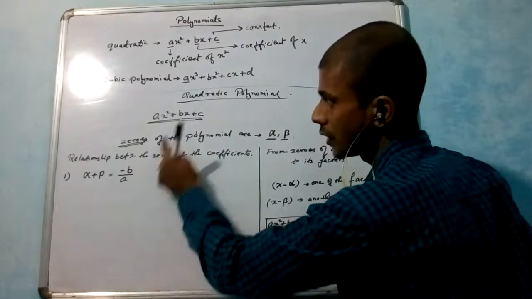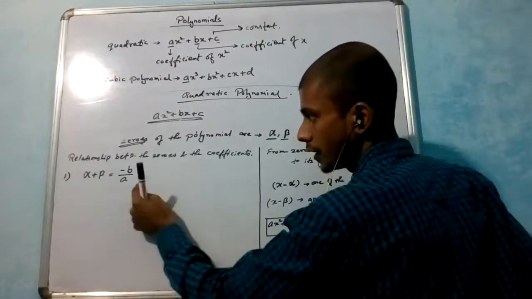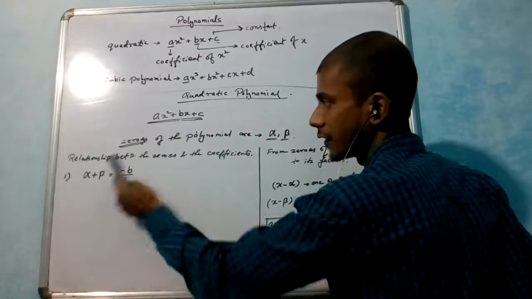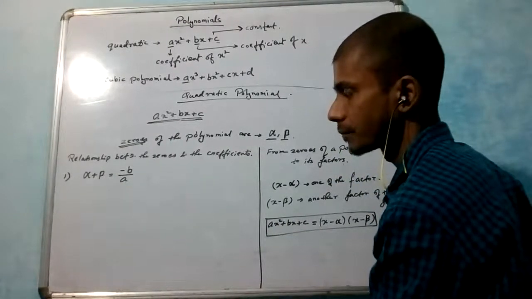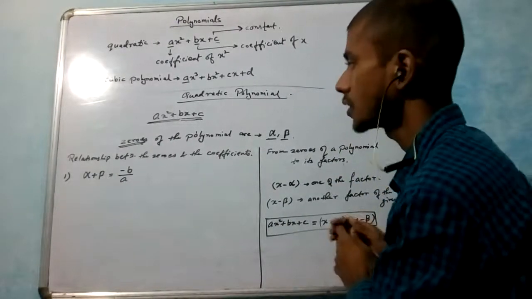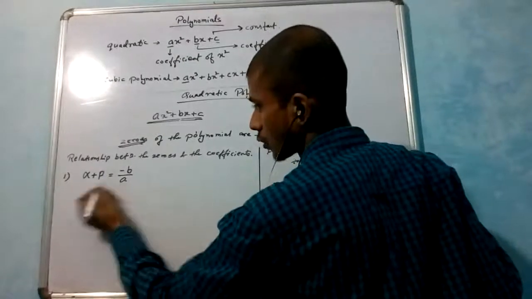If you substitute b and a with their values, you will see both left hand side and right hand side values will be equal. So this is one of the relations between the zeros and the coefficients.